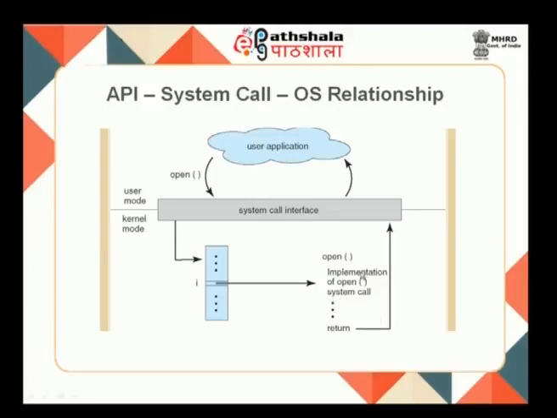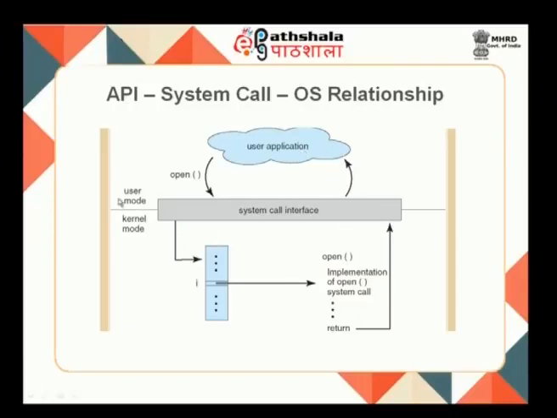The kernel will execute whatever needs to be done, and generally for this open system call, the return value will be a file descriptor. Say, for example, you are trying to open a file, the return value will be a file descriptor. The file descriptor will be returned to the system call interface and that will be given to the user.